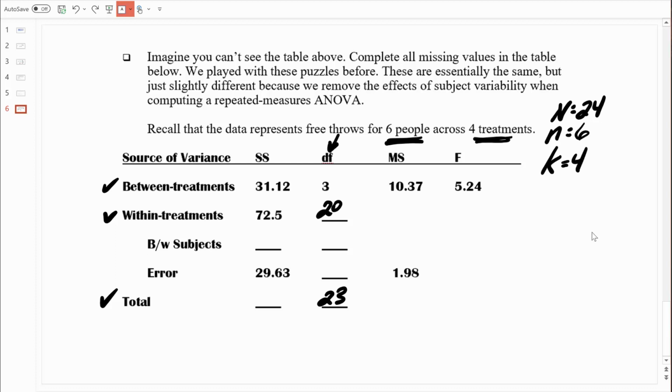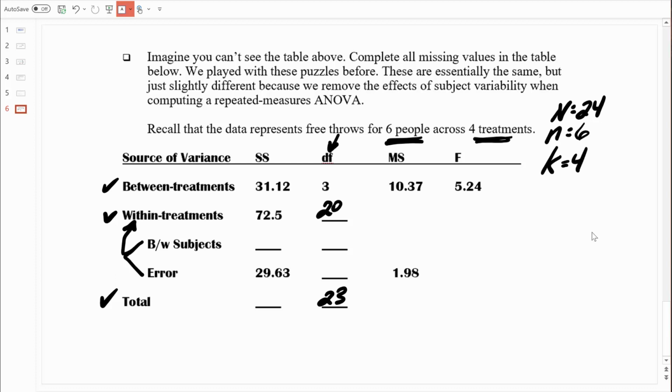Let's focus on the between subjects source of variation next. And keep this in mind. All of the values that come from this source of variation and all of the values that come from this source of variation, when combined, need to equal this source of variation. In other words, degrees of freedom between subjects plus degrees of freedom error should equal degrees of freedom within treatments.